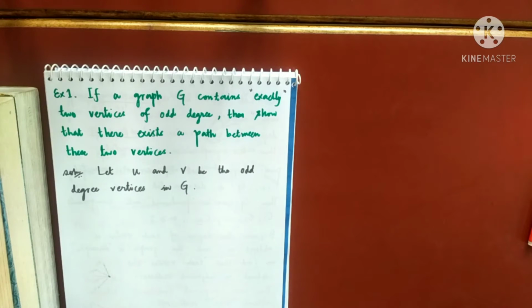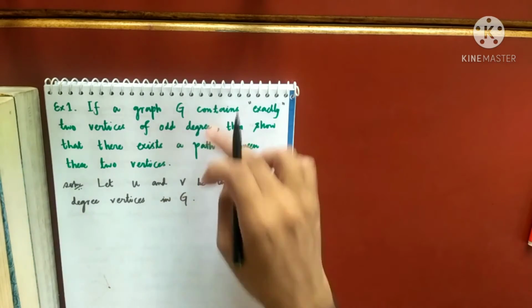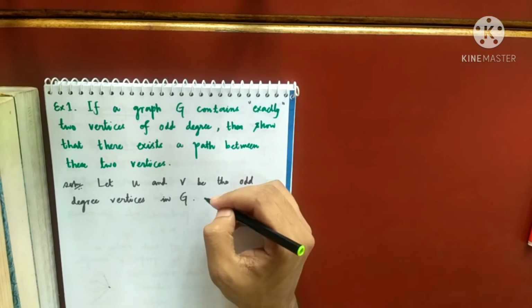So in general, we assume that the graph is not connected. Then also there will be a path between these two vertices. You see how?